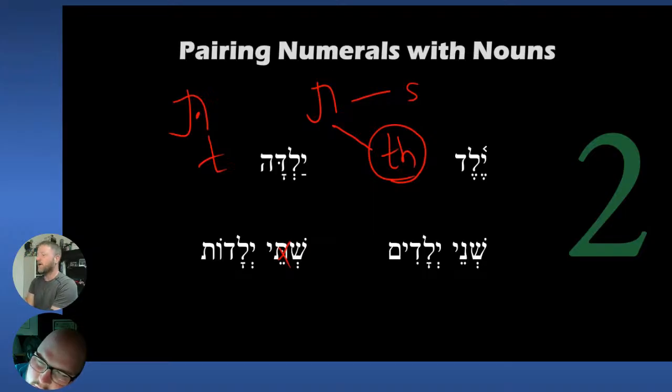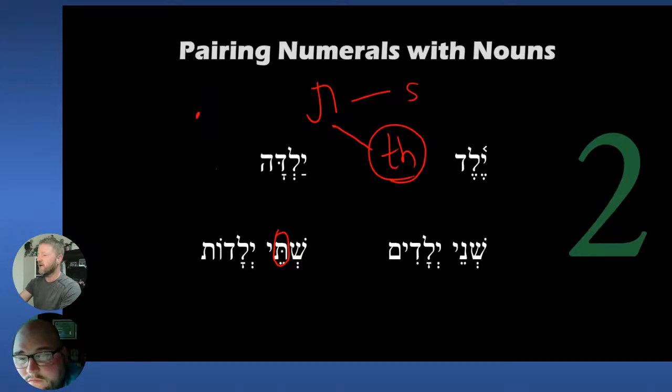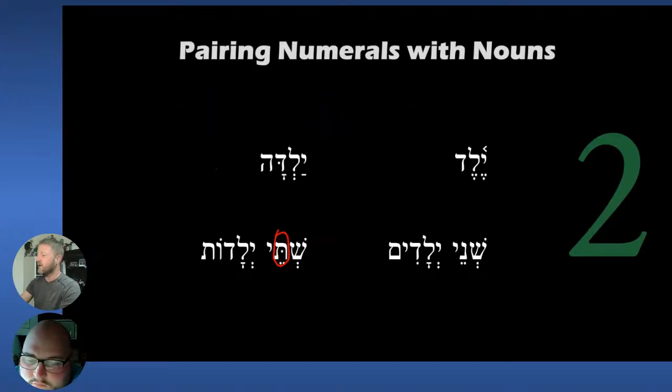In order to make it shtei, to make sure that tav is a T sound, they inserted the dagesh into it, even though it violates the normal Masoretic pointing rules. But they put it in there because they did not want it to represent shethay. It has to be shtei.